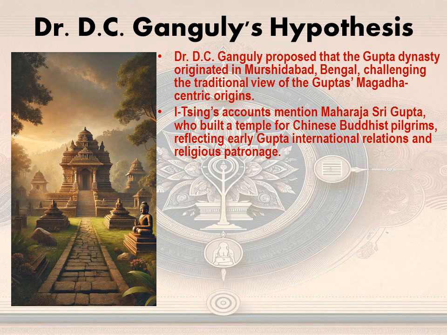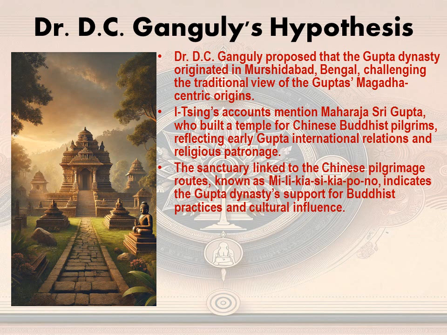So all the Chinese pilgrims used to visit India, and for them Maharaja Sri Gupta built a temple, and thus it is reflected that the early Guptas had international relations and also gave religious patronage.